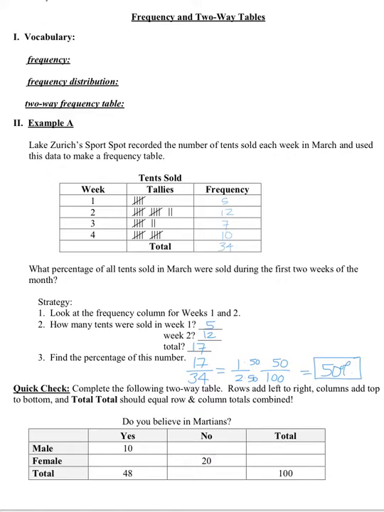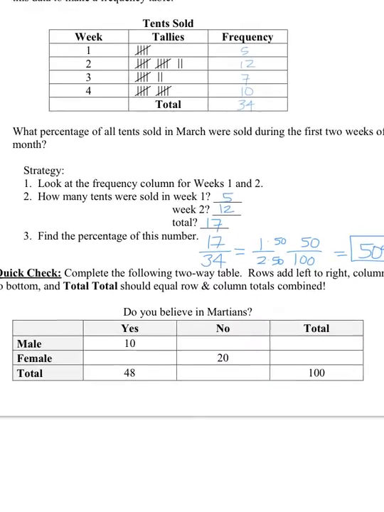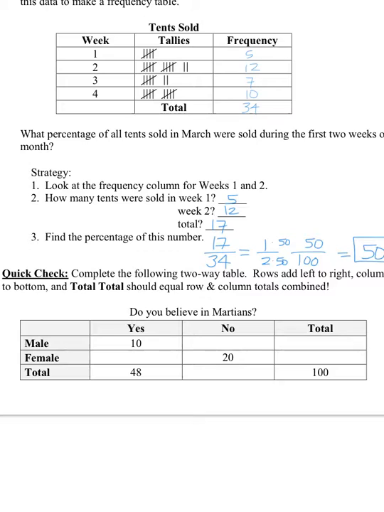Looking at the table that's provided, asking males and females if they believe in Martians, yes or no, you could start in a couple different places. If the columns need to add up top to bottom, then 10 plus what number equals 48, and that would be 38. We could have also begun at 48 being the total number of yes, and what total number of no add up to 100, and that's 52.